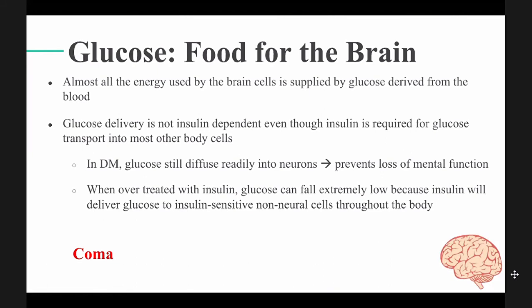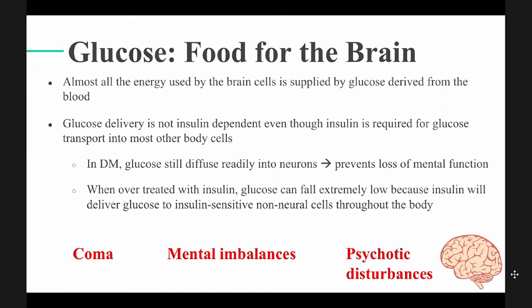And so patients who are hypoglycemic, if too severe, can result in coma or mental imbalances or psychotic disturbances. But this is easily treated. You just have to check the CBG. If it's so low, you just give glucose. Akalain ng family na the patient has a stroke, but once you give glucose, bigla silang back to normal. It's para siyang miracle. Okay?